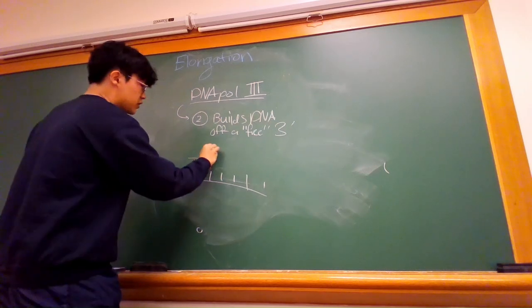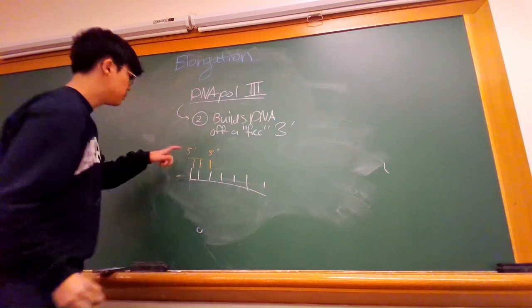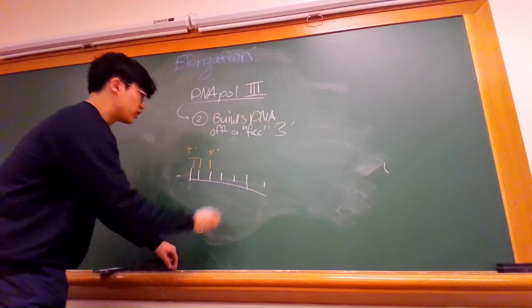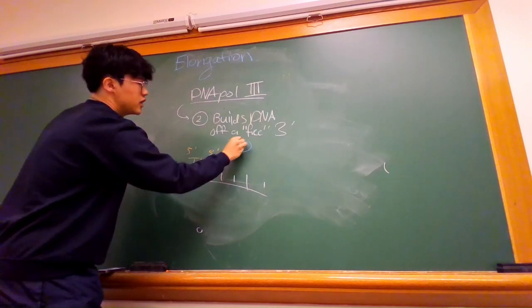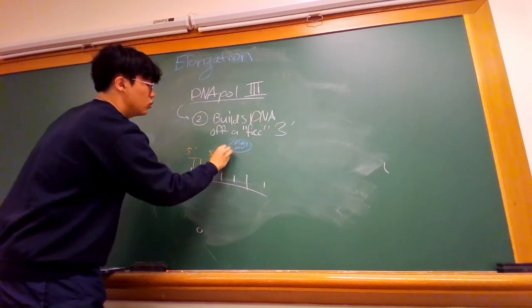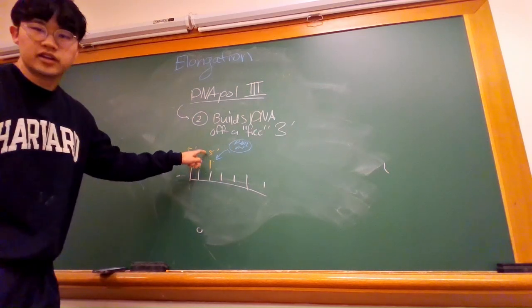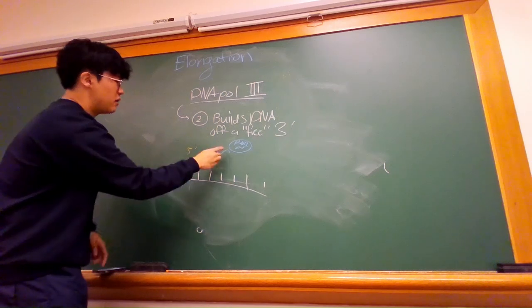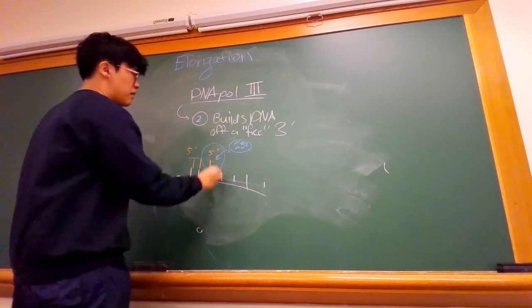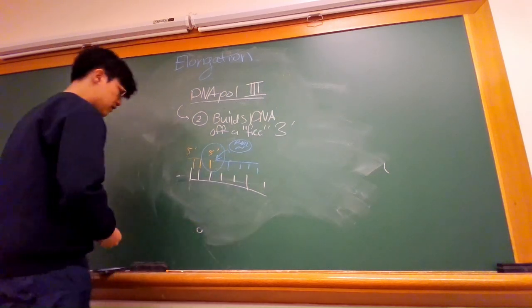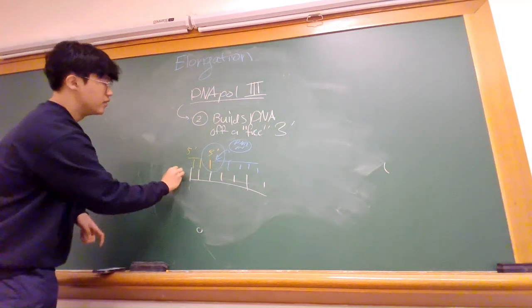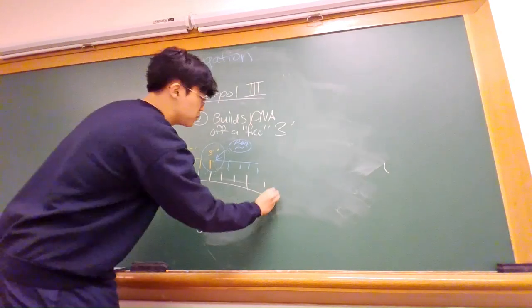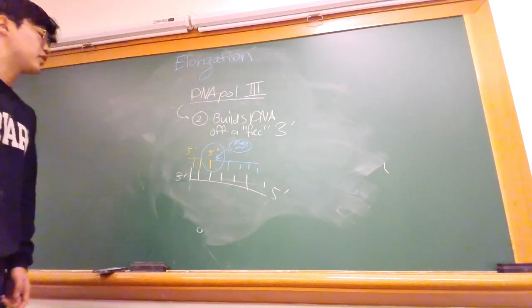This primer needs to be 5' to 3' in order for the DNA polymerase to work here. So DNA pol can only recognize this primer if it's a free 3' end here. So it needs this 3' end and then it can start building this DNA. That means that if this needs to be 5' to 3', then the original strand needs to be 3' to 5', right?